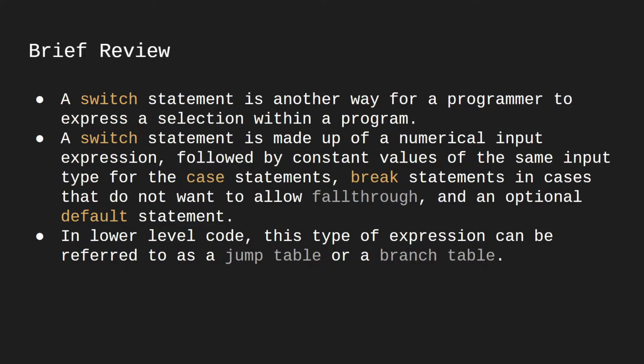Break statements also allow the case statements to not fall through. There's also an optional default statement which will execute when none of the conditions in your cases are met. In lower level code, this type of expression can be referred to as a jump table or a branch table.